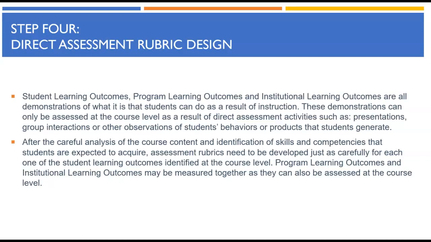Program learning outcomes and institutional learning outcomes may be measured together, as they can also be assessed at the course level. For example, students presenting an ability to analyze chemical compounds may do it in the form of an oral PowerPoint presentation done online. The chemistry instructor then can attest to the student learning at the course level.